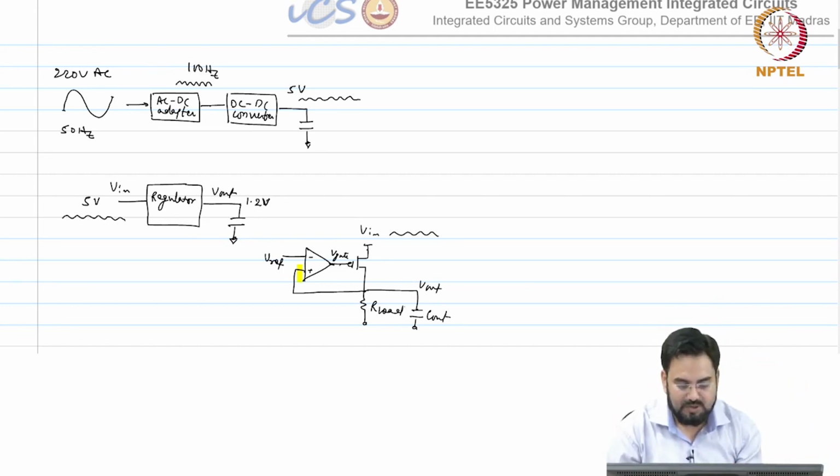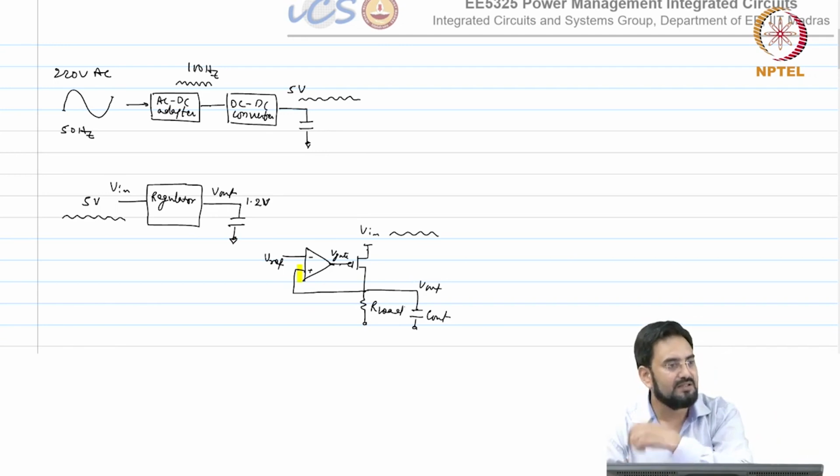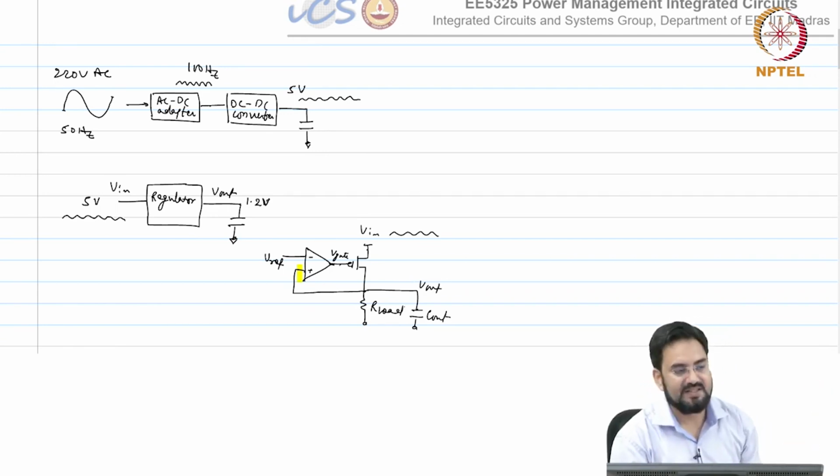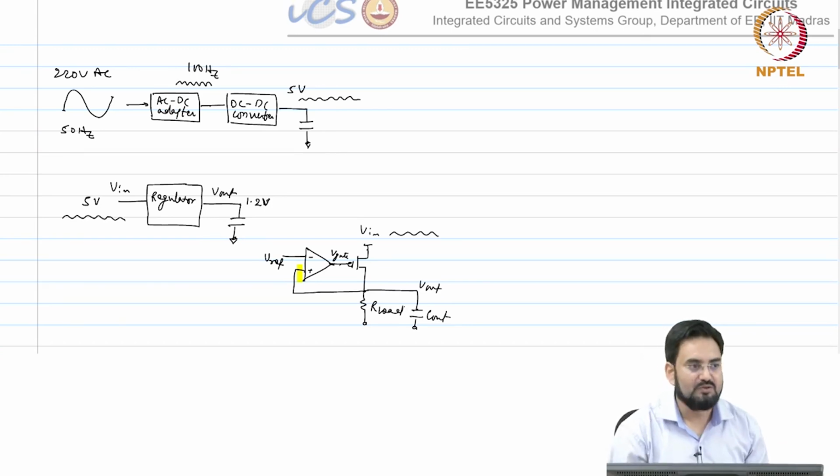But if you make this output pole dominant, then it will look like a perfect low pass filter, which is the desired case. But it is not easy when you design the regulator to make the output pole dominant, because in most cases the values of these caps are very small. There is no way unless you put on the order of microfarads, and we prefer on chip regulators not to put any external cap.